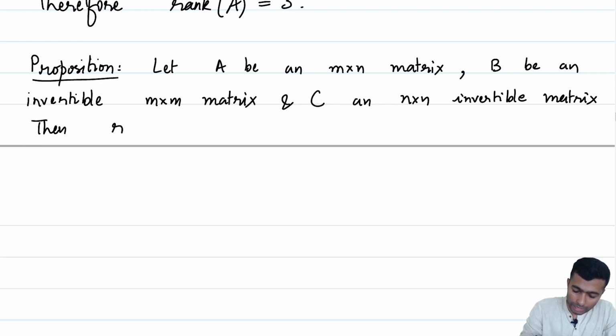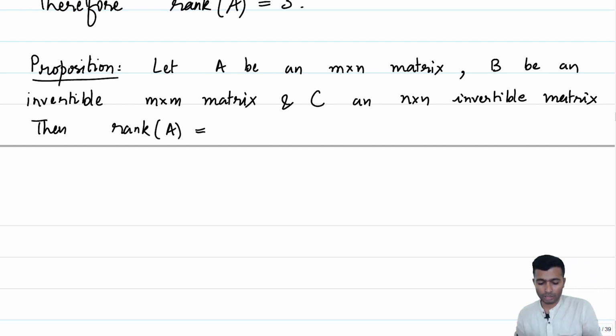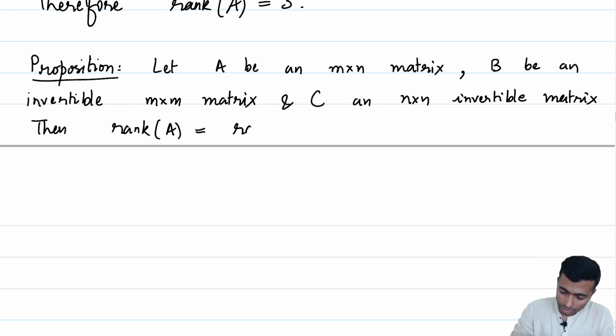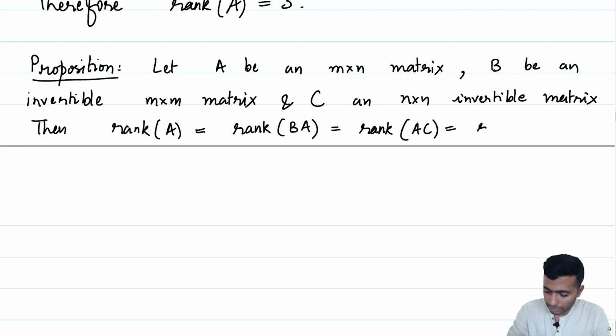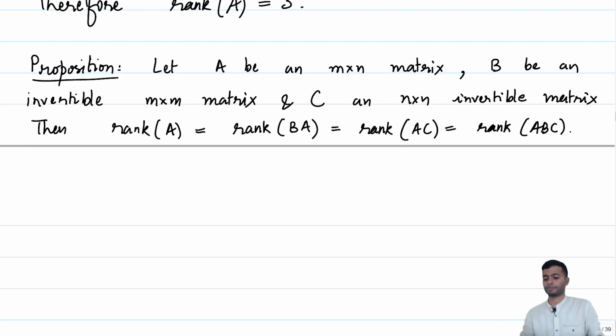Then the rank of A is equal to the rank of BA, which is the same as the rank of AC, which is the same as the rank of BAC. Okay, so let us go over the details.